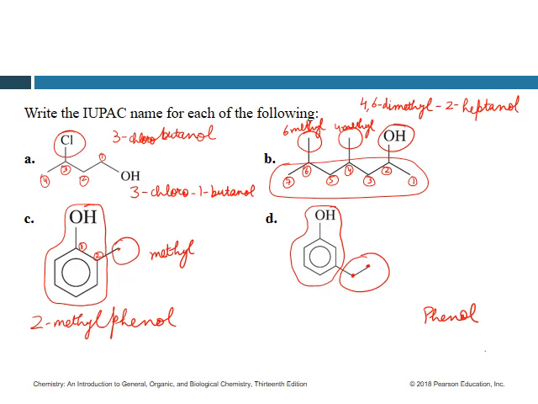So 2 carbons meaning it's alkyl, eth, so the name would be ethyl. And what is the number? Where is it located? This is 1, 2, 3. So this would be 3-ethyl. So the name would be 3-ethylphenol, without any spaces in between.